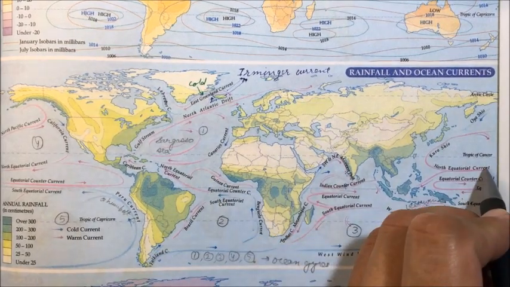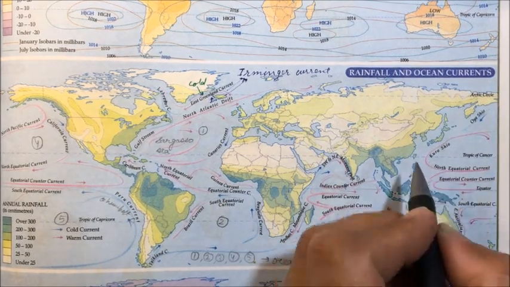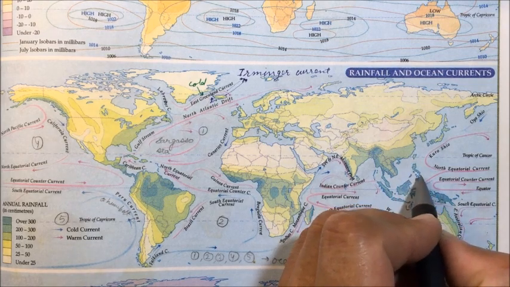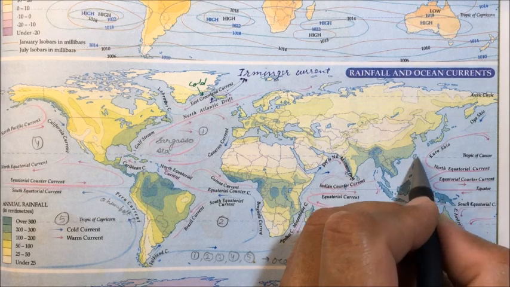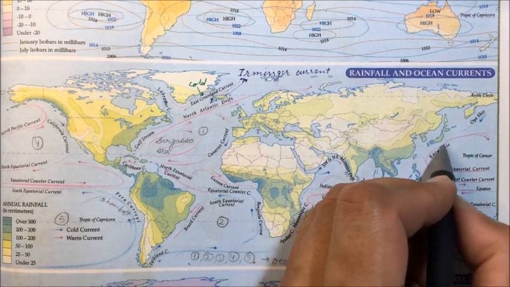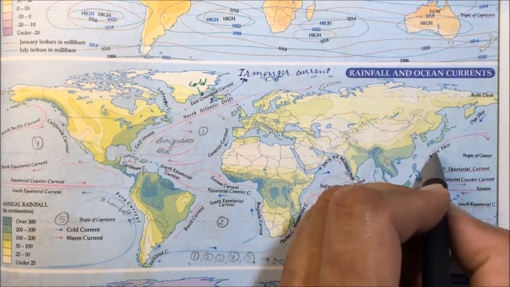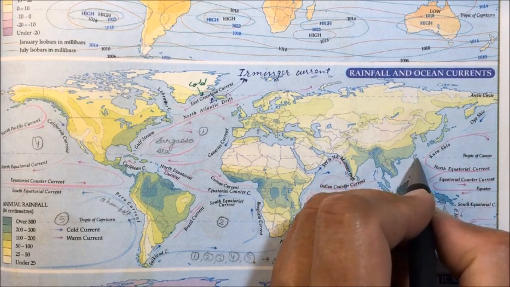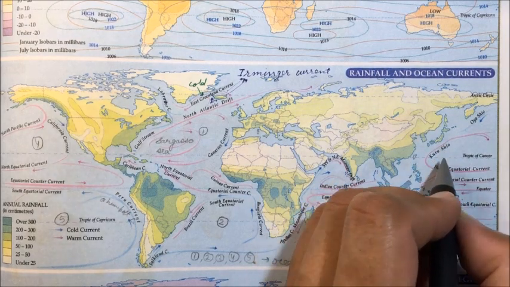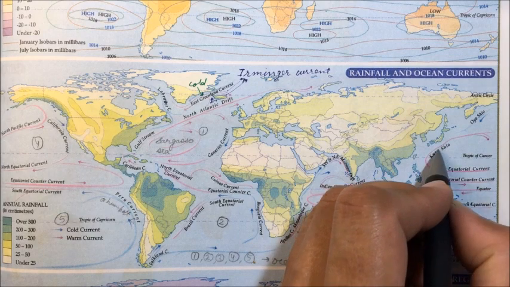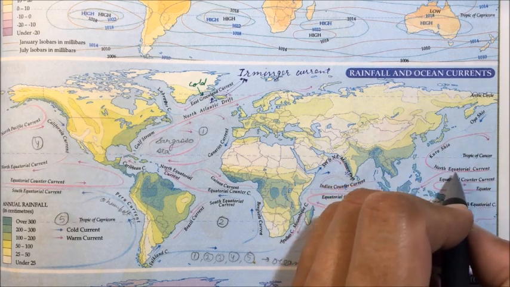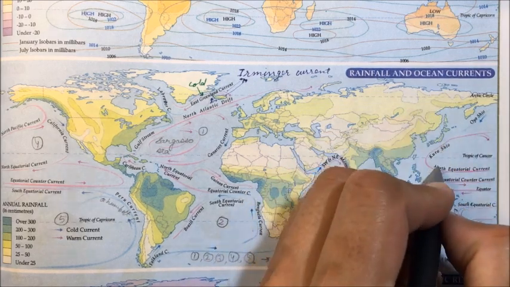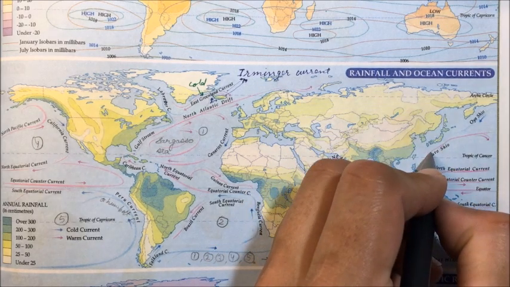Now here we have the Philippine Islands. The North Equatorial current is obstructed by these Philippine Islands, so it gets drifted in this direction, and we have the formation of the Kuroshio current. So because of the obstruction by these Philippine Islands, and partly because of the Coriolis effect, the Kuroshio current develops. Now this Kuroshio current is a warm current.